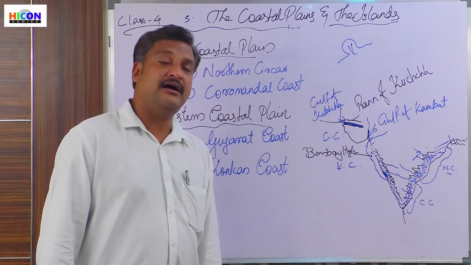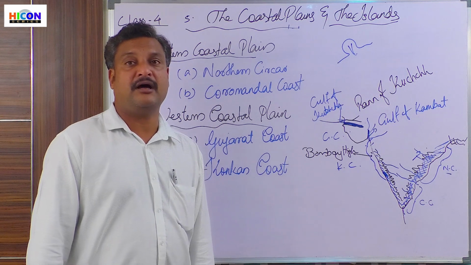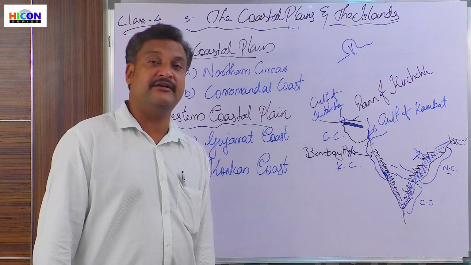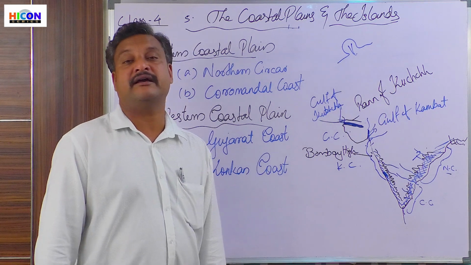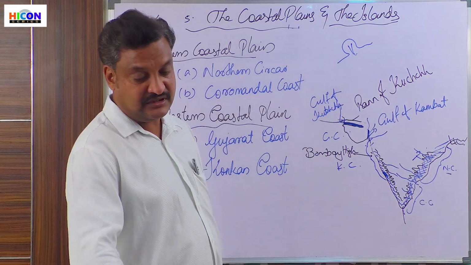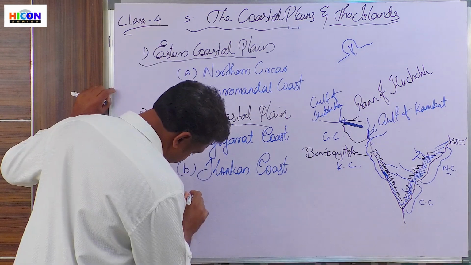Then this area has a very good amount of oil deposit. Bombay High, a place near Mumbai, is identified, and oil extraction is actually happening there also. Right? Now the third one is the Malabar coast.